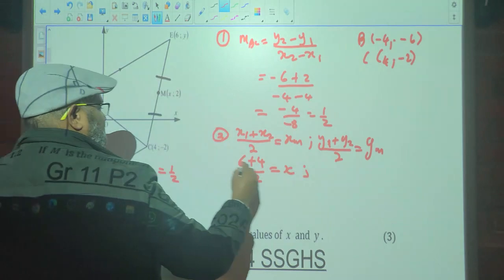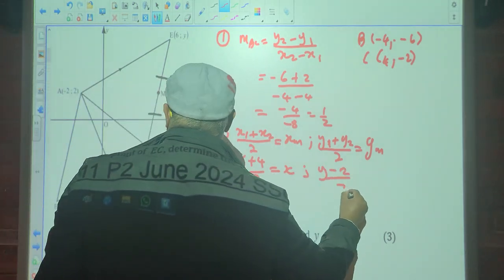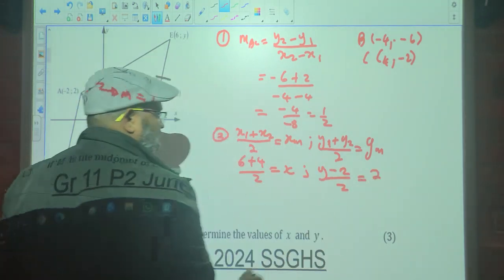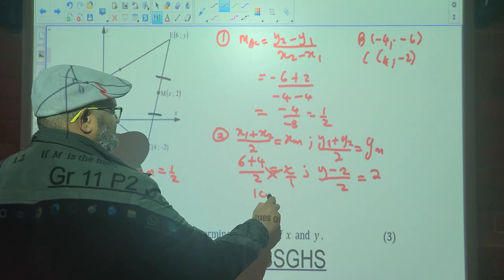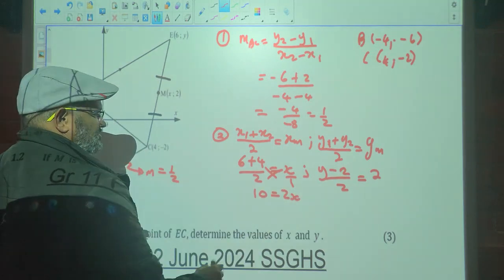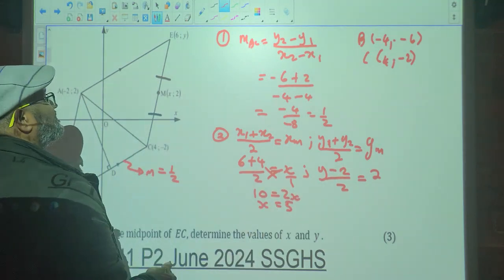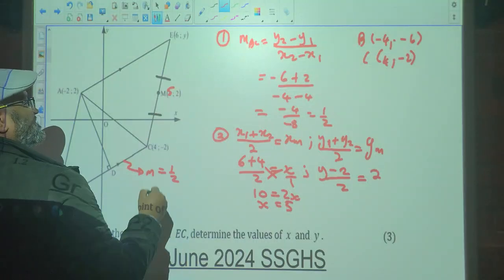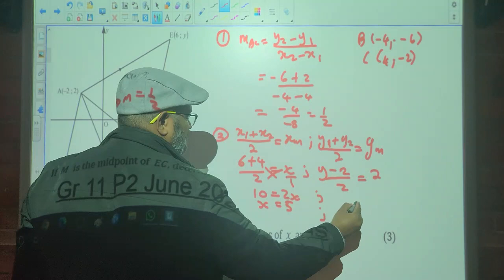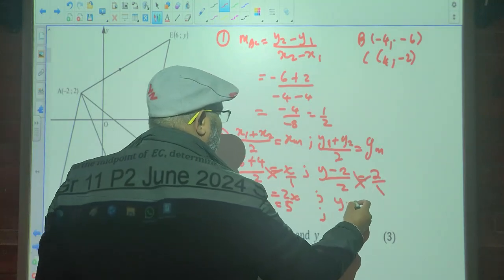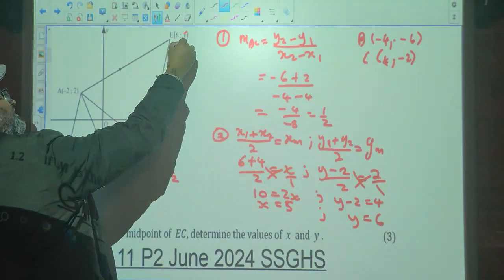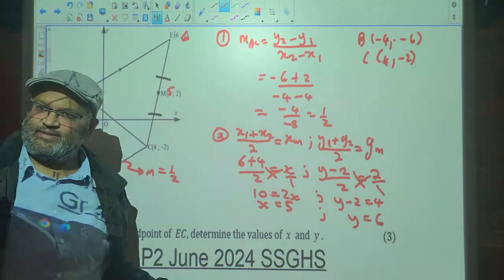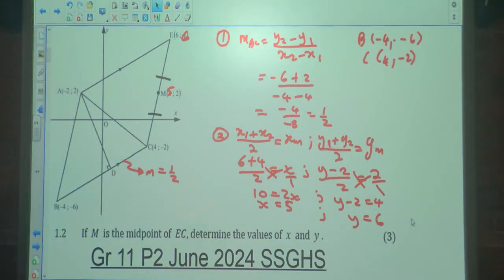And then y plus negative 2 over 2 is equal to y mid, which is 2. So cross multiply, that gives me 10 is equal to 2x, so x is equal to 5. And on the other hand, cross multiply here: y minus 2 is equal to 4, so y is equal to 6. Just follow and let me know if I make a mistake.